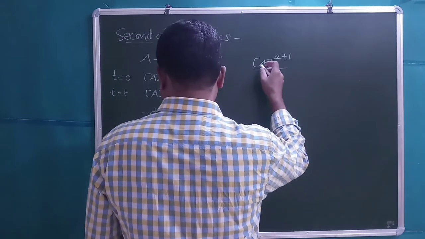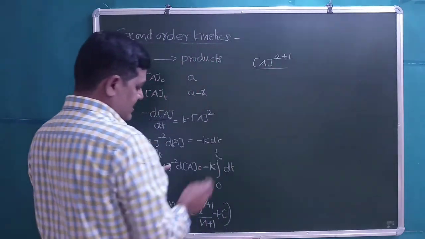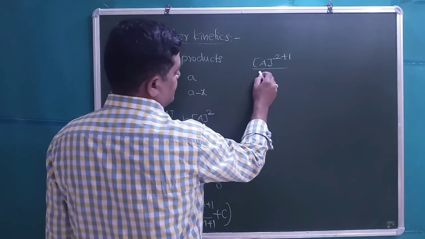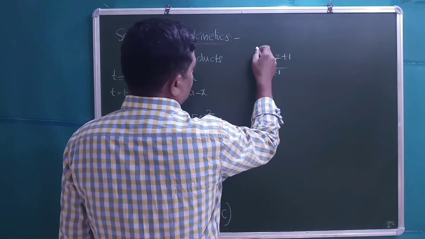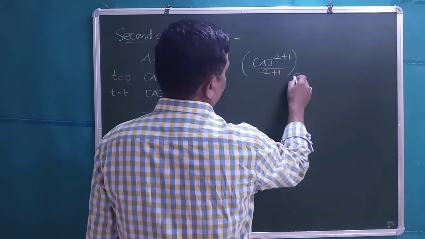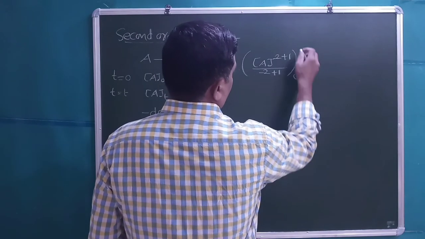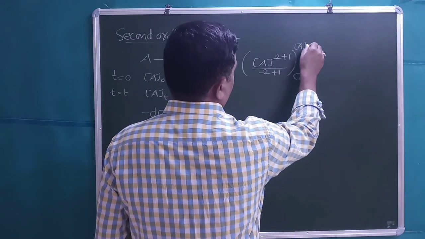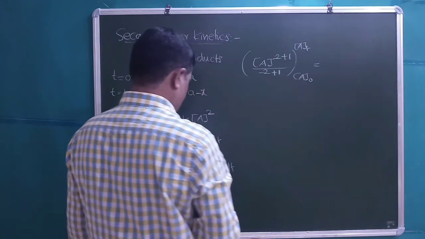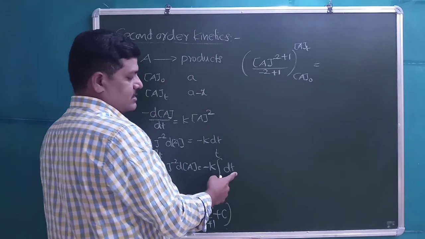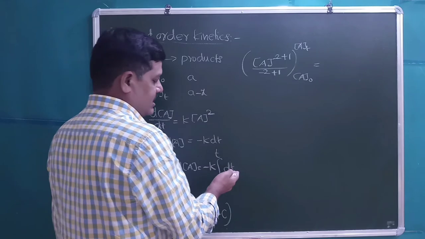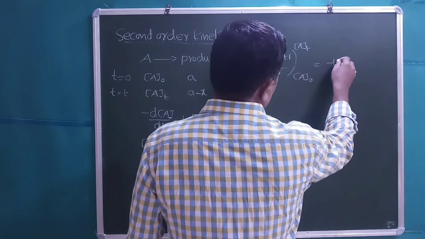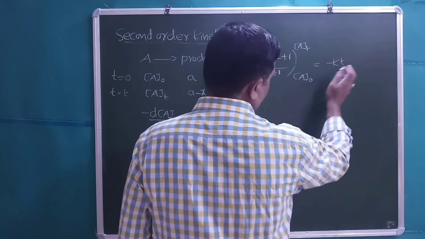So for A power minus 2, n is minus 2, so minus 2 plus 1 by minus 2 plus 1, in between the limits A naught to At. On the right hand side of the equation, minus k integral dx is equal to x, that is t, so we get minus k into t minus 0, which is t.